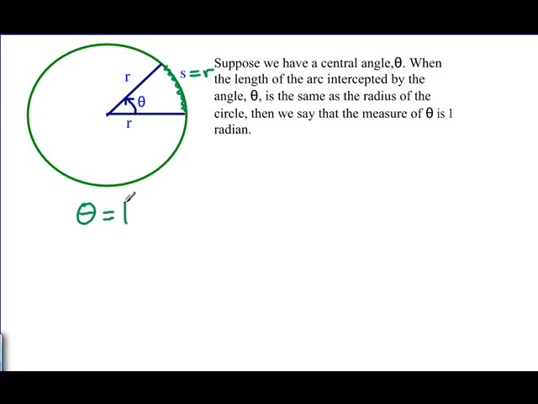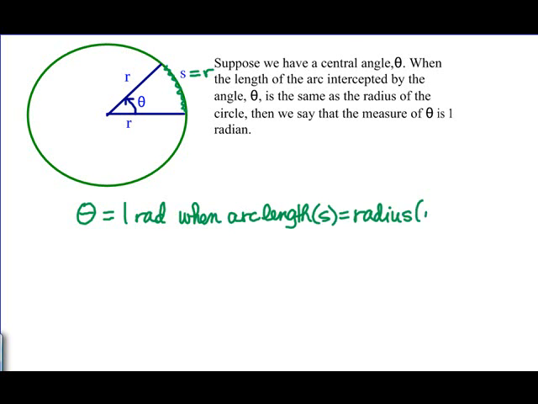So theta is 1 radian when the arc length is equal to the radius. So if we ever want to find out what theta is, here's the formula. Theta will always be defined as, and this is a really important formula, the arc length, s, divided by the radius, right?